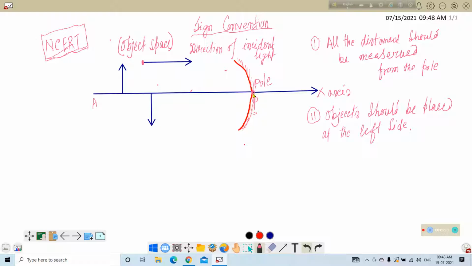This is the origin, and this is the x-axis. By convention, the light is incident in this direction.